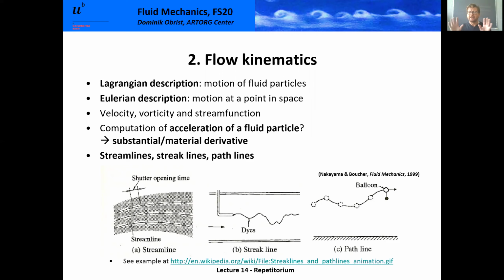One of the main things I tried to explain in this lecture was the difference between a Lagrangian and Eulerian description of flow. Lagrangian description of motion of any mass particles is quite common and quite intuitive if you deal with, let's say, rigid body dynamics, a cannonball flying through the air, or even dust particles settling.